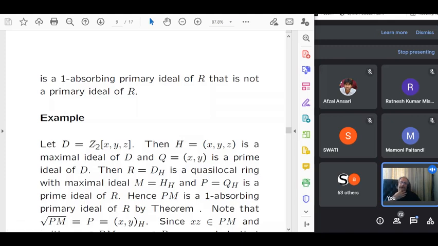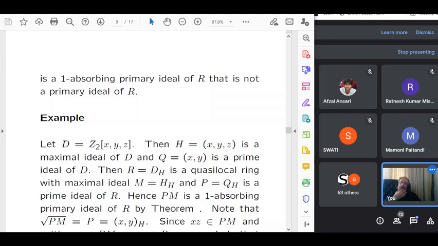So definitely M will be H localized at H. And if you take P to be Q localized at H, this is a prime ideal. Remember, Q is generated by xy only.